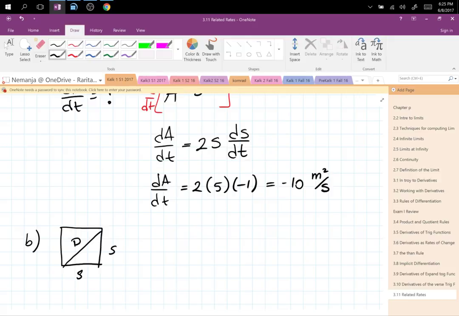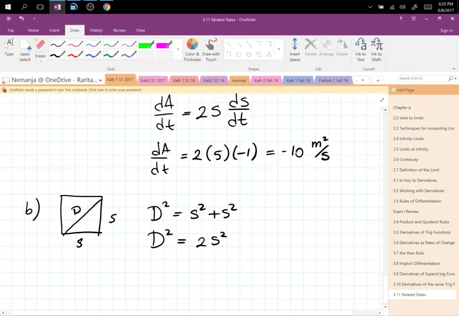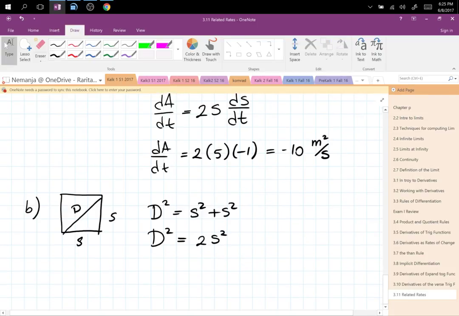So now, dare I say, it should be clear that diagonal squared is equal to S squared plus S squared, using basic Pythagorean theorem, from where D squared is equal to 2S squared, and then from there we can just take the square root of both sides, get D equals S root 2. Now it should be plus minus, but lengths are never negative, so we can just ignore it.